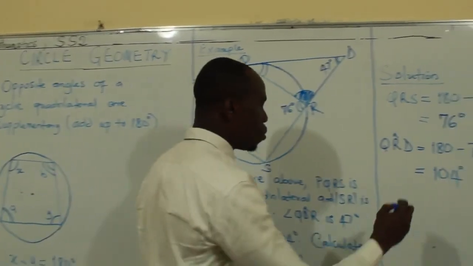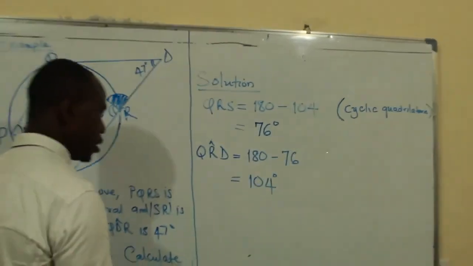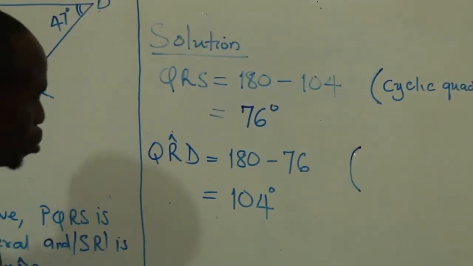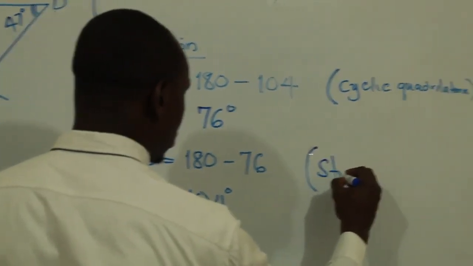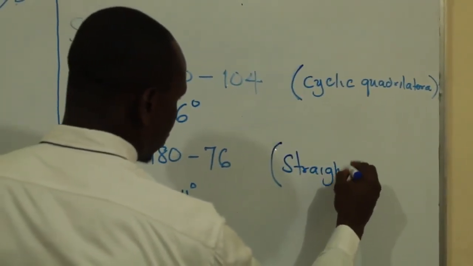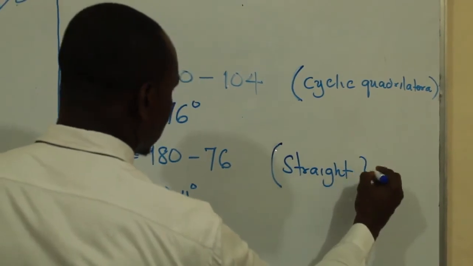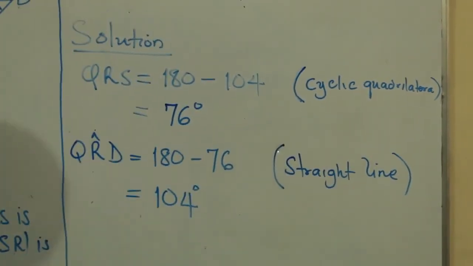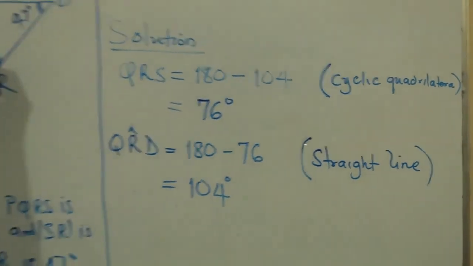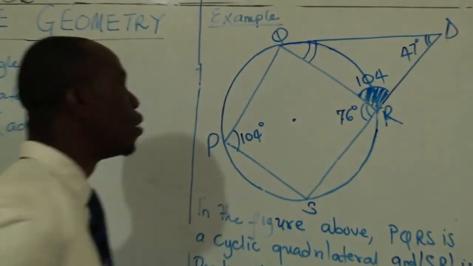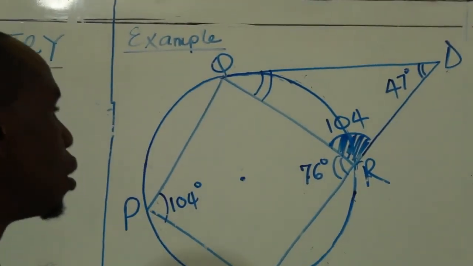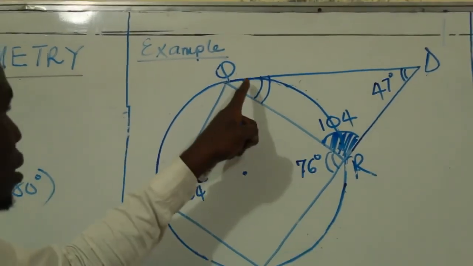So the reason for subtracting 76 from 180 is because those angles were in a straight line. So I can just put a straight line phrase as my reason. I have just found this part to be 104. Now that I've gotten that part to be 104, I can get this part.